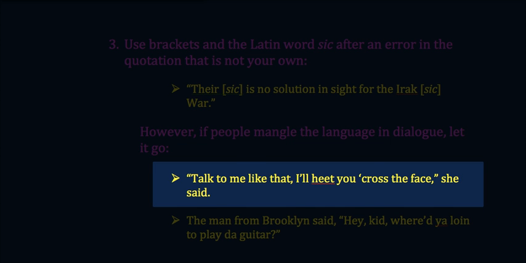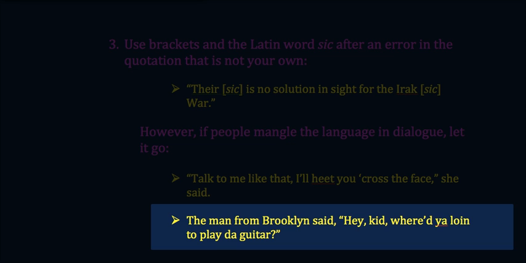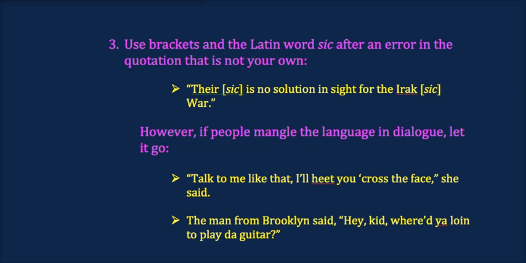Or the next one, the man from Brooklyn said, "Hey kid, where'd you learn to play the guitar?" Okay, there are changes in spelling in there. All right, that's dialogue. That's how people talk. Don't put sic in there. It's mainly used how I have it in the first example, which is from quotations you are embedding in your own writing as research.